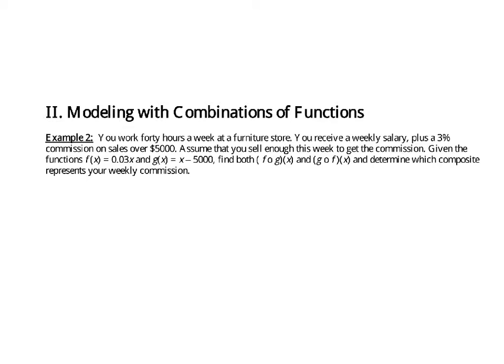Please take a moment to read through example 2 by pausing the video. Notice you are given two functions, f of x and g of x, and we are asked to do two compositions. We will start with the composition f of g of x.